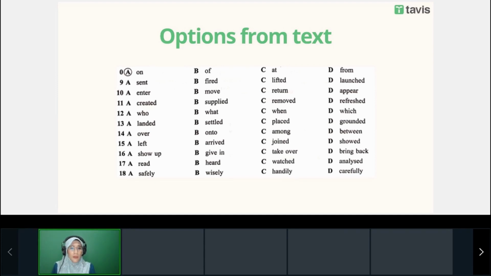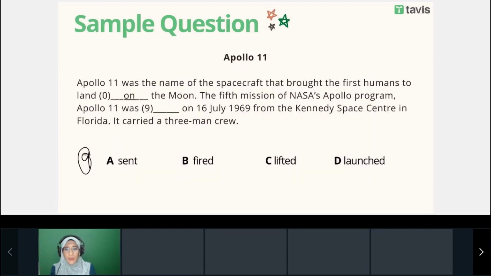And from the moon, oh no, that's considered wrong as well, because the sentence says that brought the first humans to land from the moon. Are we from the moon? We didn't stay on the moon and come back. No. So definitely the answer will be on the moon.